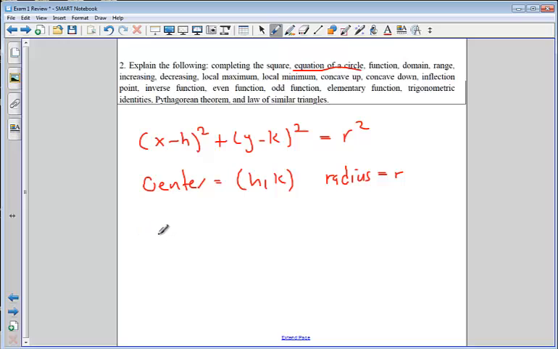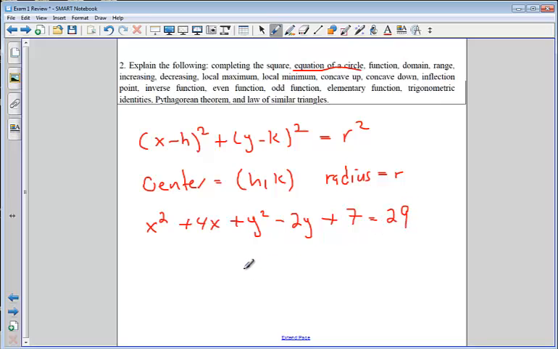So let's just come up with a real quick example, and this is probably not going to be very neat because I'm making it up. So let's do x squared plus 4x plus y squared minus 2y plus 7 equals, and then let's do 29.